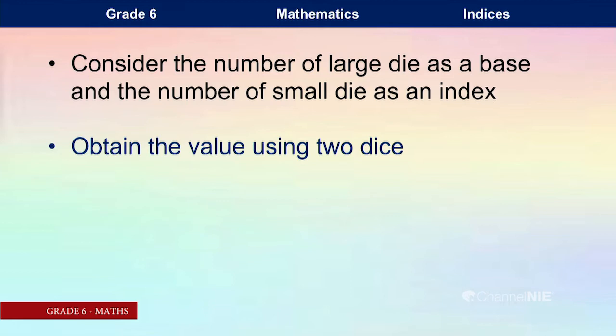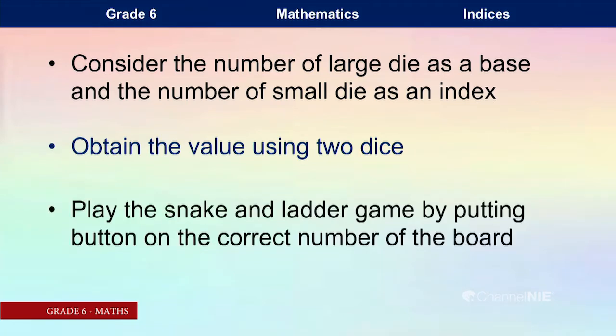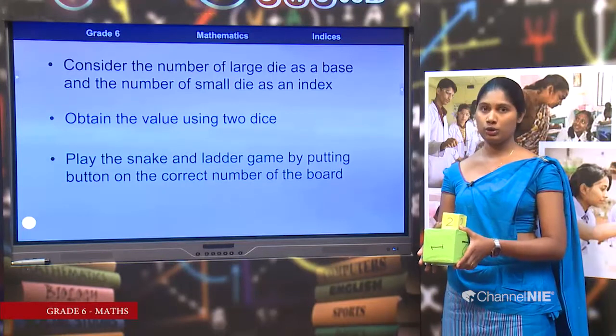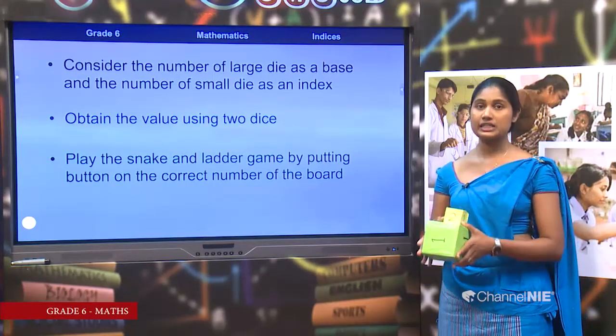Obtain the value using the 2 dice. Play the snake and ladder game by putting a button on the correct number of the board. Now, we are going to do this activity using these 2 dice.